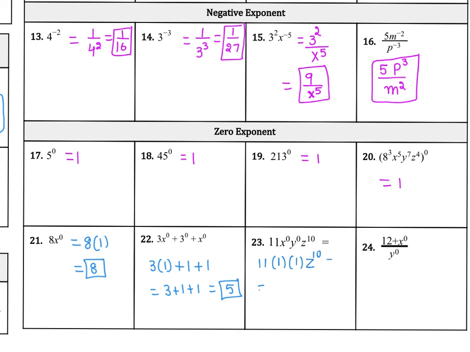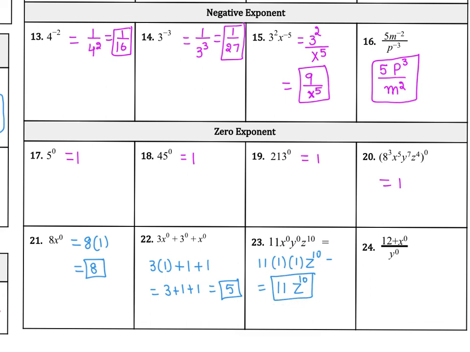When you answer, it looks like 11 times 1 times z to the power 10. So the answer should be 11 times z to the power 10, because when you multiply 1 with any number, the number remains as it is.